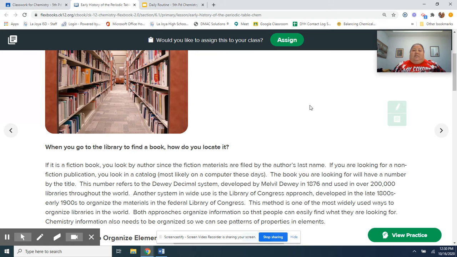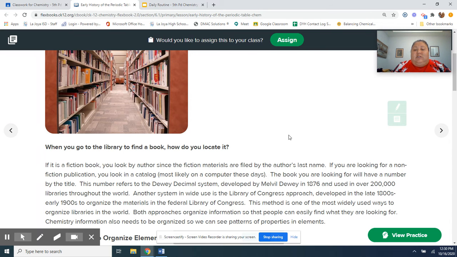But why are we talking about this system of organization? The reason is that in the early days, as more and more elements were discovered, two people in particular tried to organize these elements so that you can see the similarities and the differences between the elements as far as chemical and physical properties.